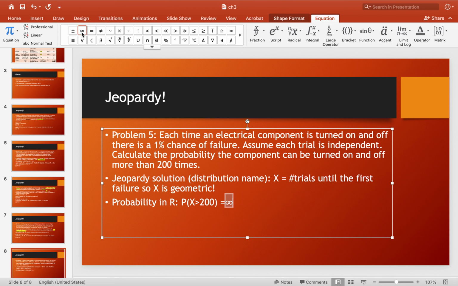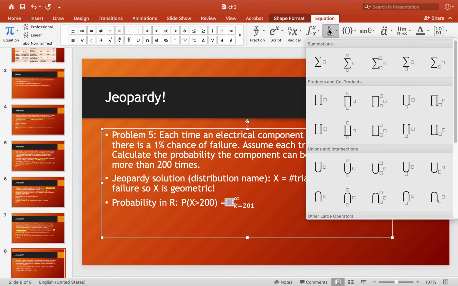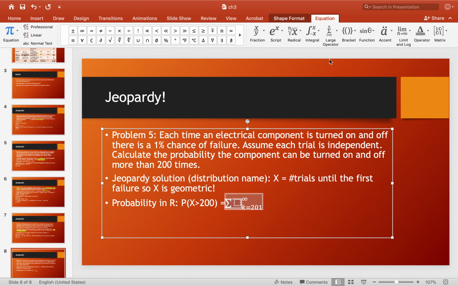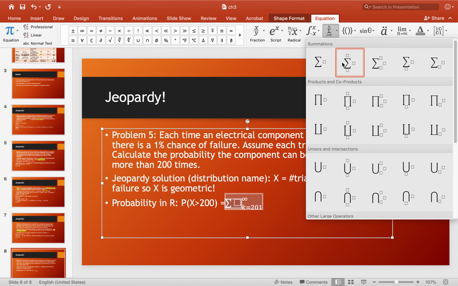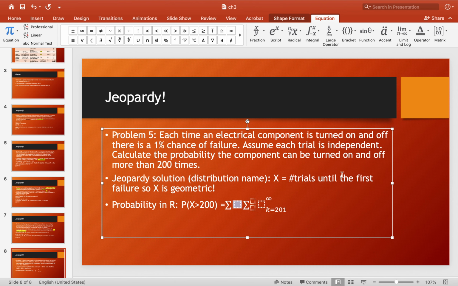So kind of frustrating, right? I'd like a nice infinity there. And this would be from k equals 201, because that's the first value of x that's bigger than 200. And I need that nice summation. And maybe, here we go. That's the one I wanted.